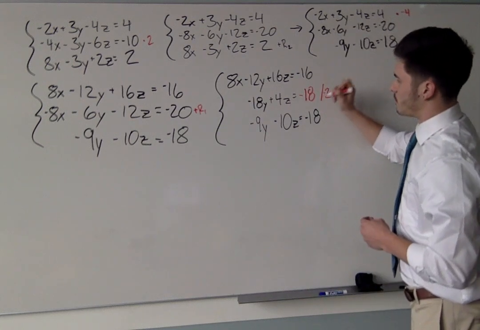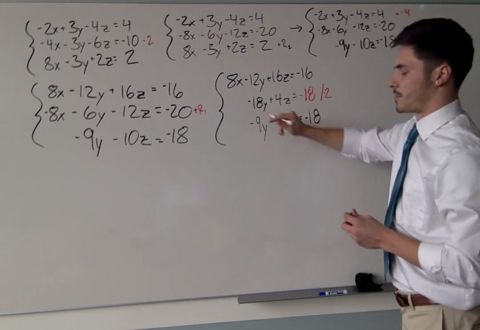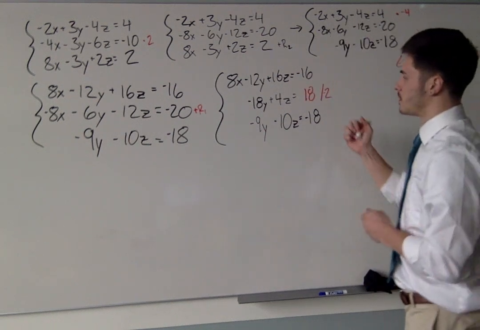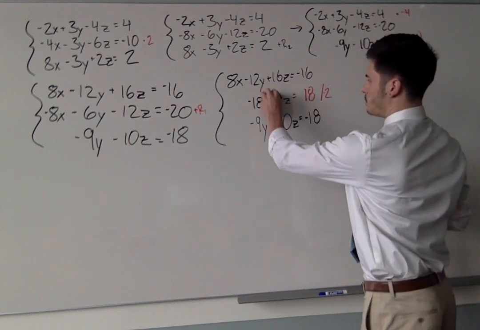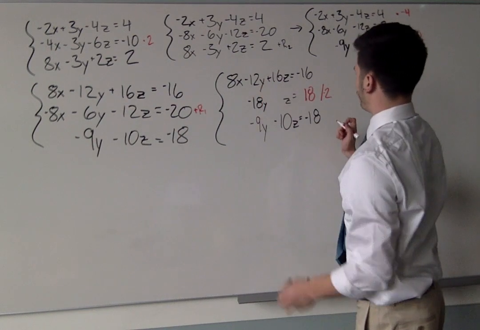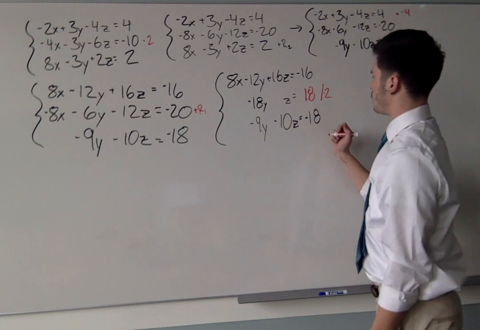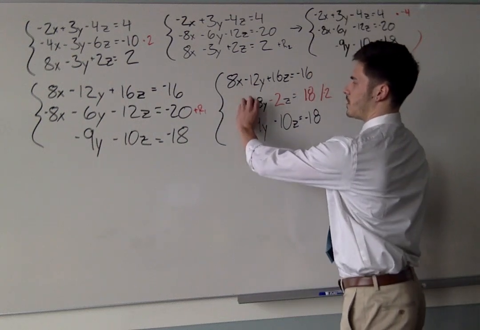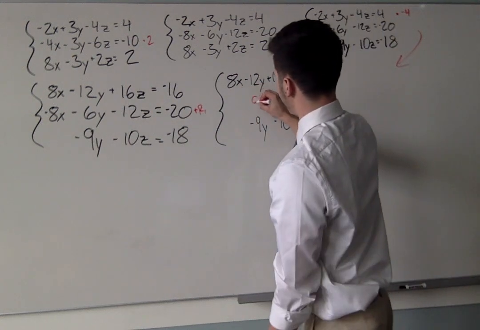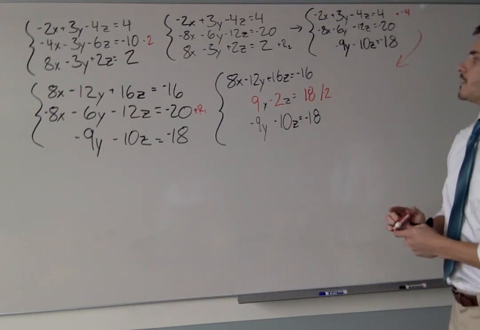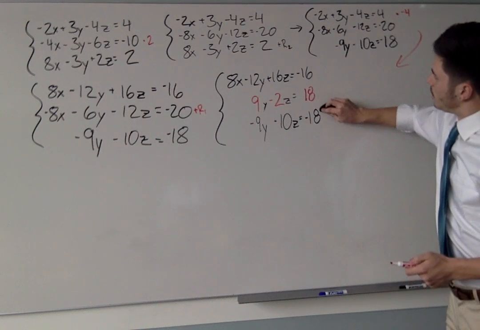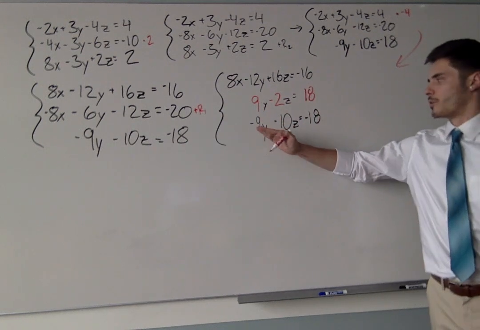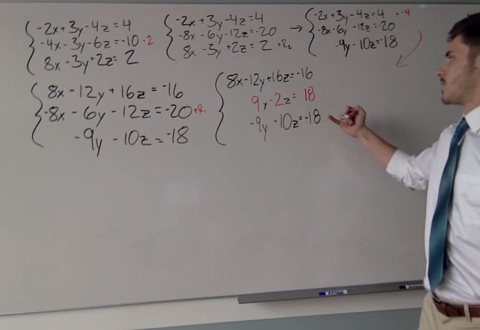And actually we'll divide by negative 2 so that we can make these opposites and cancel them out. So that's going to be a regular 18, and this is going to be a negative 2z, because we're going to multiply it by negative 1/2. And then this one is going to be a 9y. So after we divided the middle row by negative 2, we're left with 9y minus 2z equals 18. And then row 3 is negative 9y minus 10z equals negative 18.